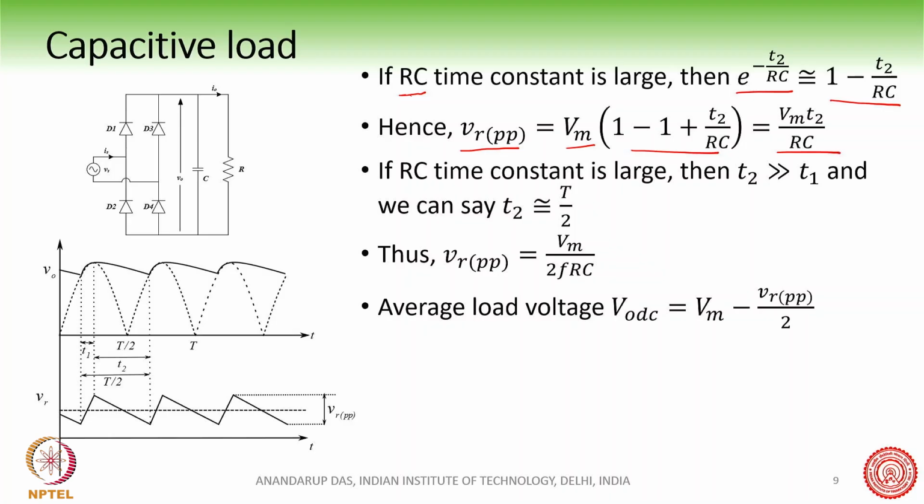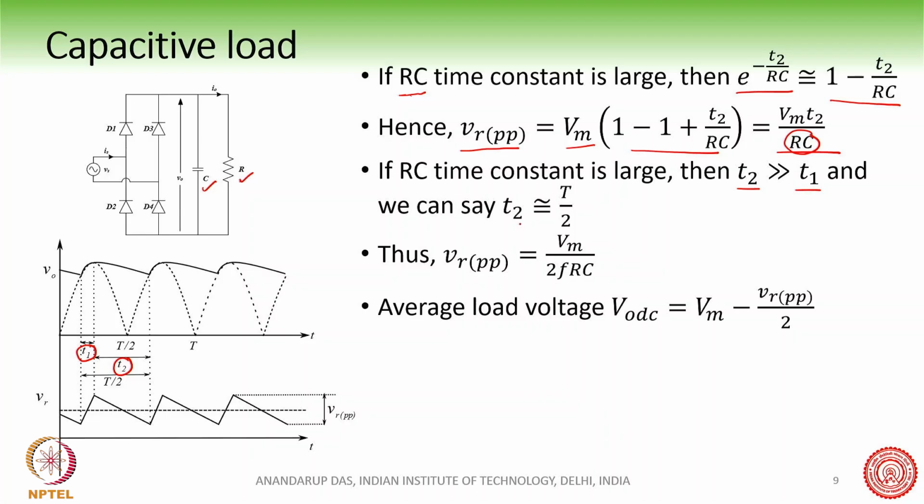Now again, since the RC value is very large, we have a very large time constant of this R and C, which is very practical. This happens generally. Then basically T2 is much more than T1. The T1 portion is very, very small as compared to T2. T1 is a very small fraction.